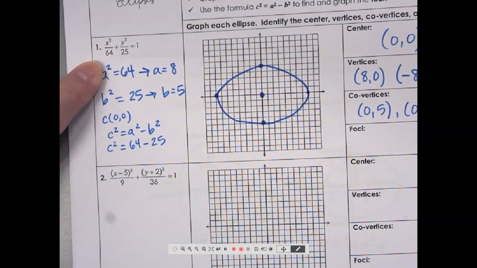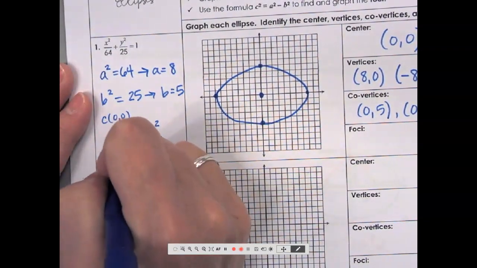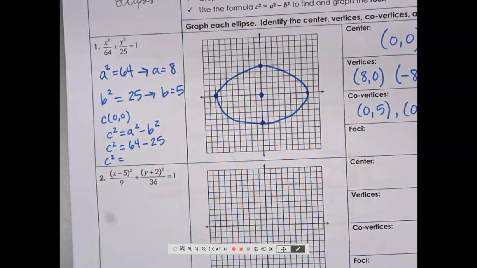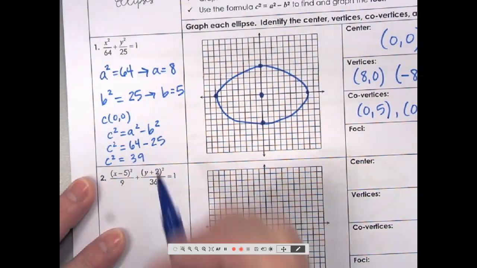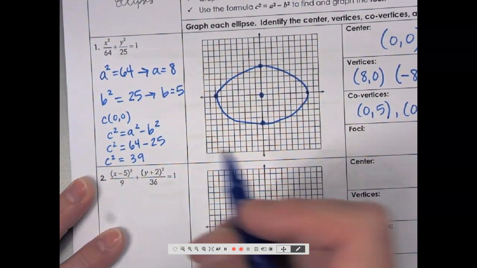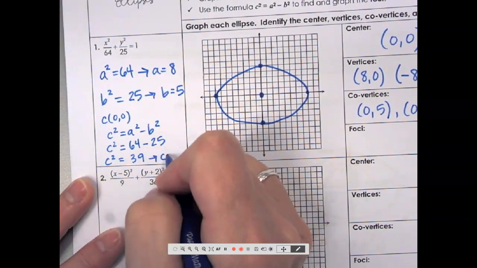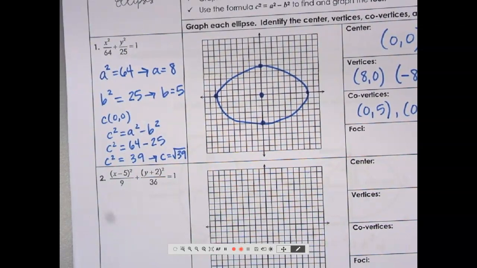A squared is your big denominator, b squared is your little denominator. So c squared equals, what is 64 minus 25? 39. Okay, well what is c then? The square root of 39. Can that be simplified? I don't think so, so we're just going to leave it.